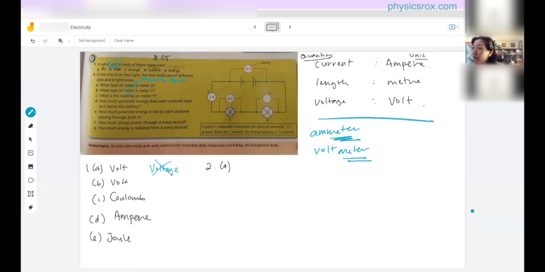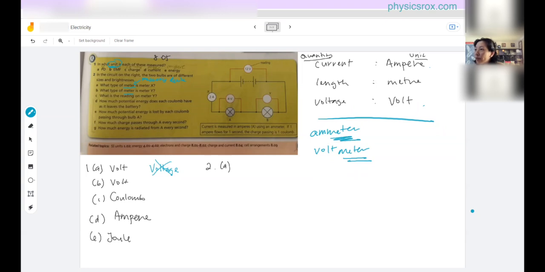Okay, so what do you think? X is which meter? Ammeter or voltmeter? I did teach, but maybe I went through it very fast because I thought you had learned before.